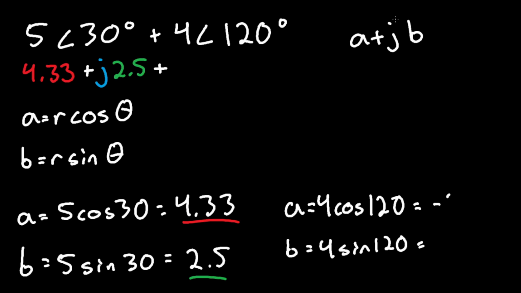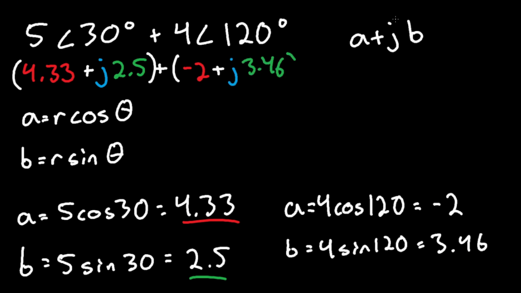You should get -2 here and 3.46 here. So the complex number here is, A is -2, so -2 plus positive 3.46. And that's the B value for your complex number.